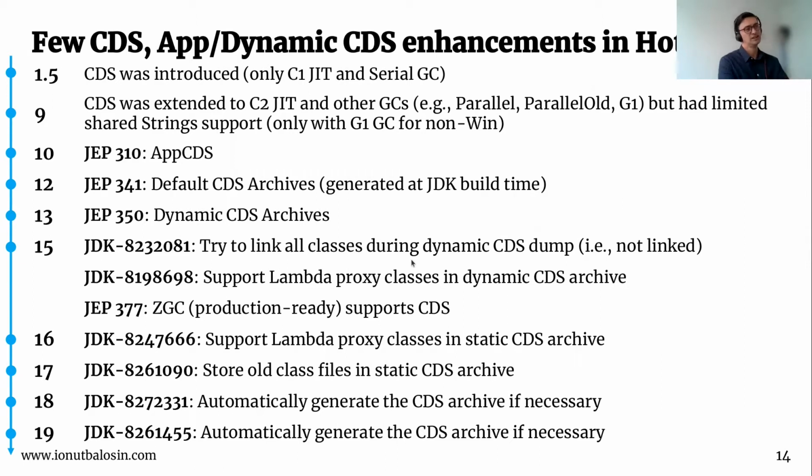These are generated classes at runtime when the JVM starts, and they were not included previously in the CDS archive. But starting with 16, the lambda support is there, so whether you use dynamic or static CDS, you have it included.